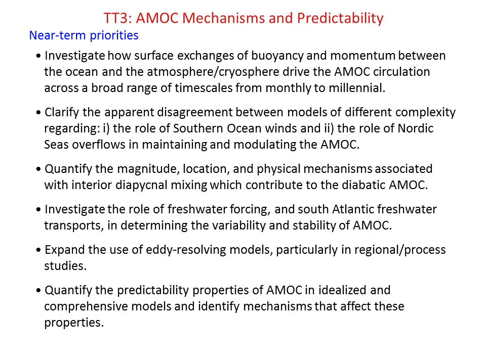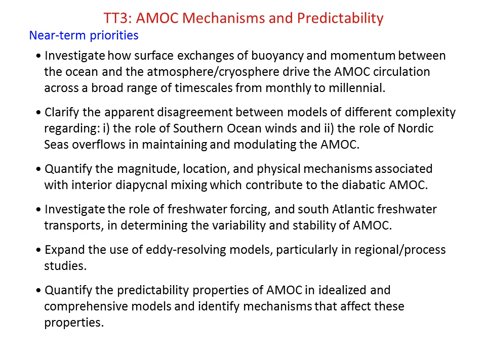Task Team 3 concerns the mechanisms and predictability, and lots of near-term priorities are listed here. They include investigation of how surface exchanges of buoyancy and momentum between the ocean and the atmosphere and cryosphere drive the AMOC circulation across a broad range of timescales from monthly to millennial.